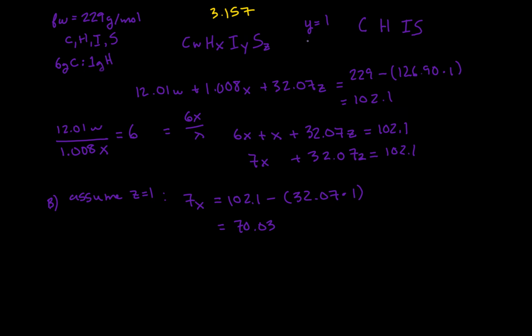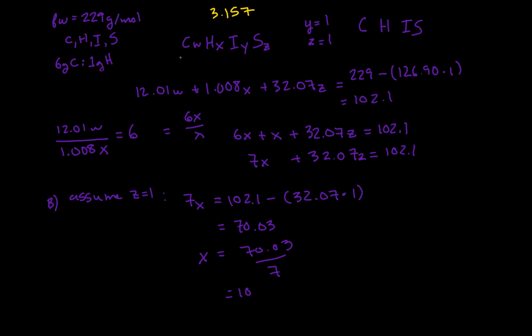And we're going to put that up here too: Z equal to 1. We don't have to change anything because this is at the end there. That also gives us x equal to 70.03 over 7, which is equal to 10. Close enough.